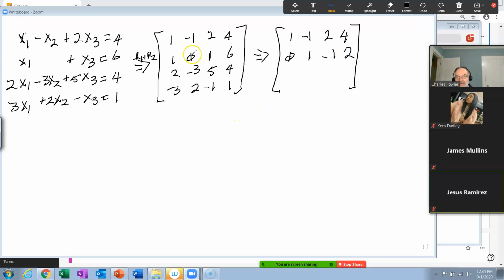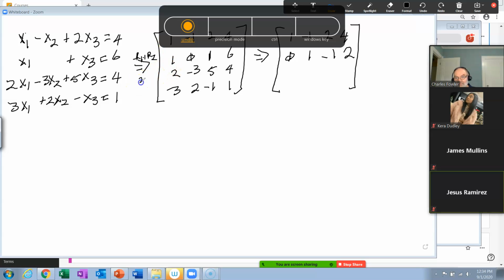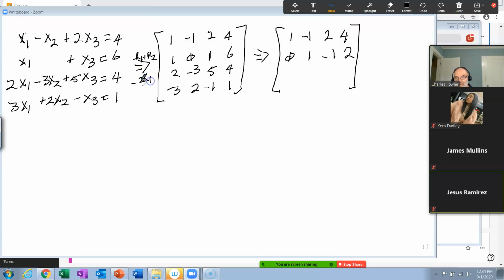Right? Okay, what's the next thing we want? We want this 2 to become a 0. How do we do this? Minus 2 times row 1 plus row 3. Alright, so minus 2 times 1 is minus 2 plus 2 is 0, just like we wanted it to be. Minus 2 times a minus 1 is a plus 2, right?